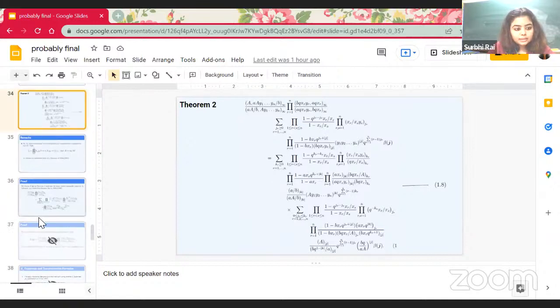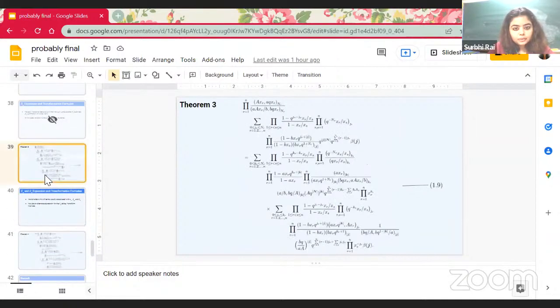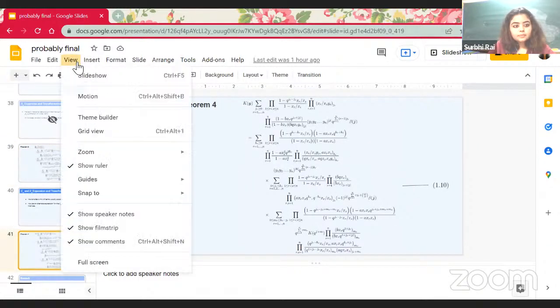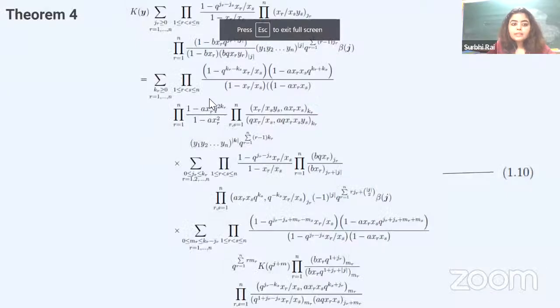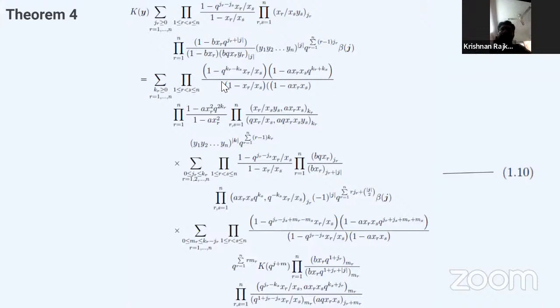CN is such that it contains... So here, as we see in the right-hand side summation, the very first sum itself has a product 1 minus q^(k_r - k_s) x_r / x_s, and similarly the second term, and this product, r equals 1 to n, 1 minus a x_r^2 q^(2k_r). So this whole together makes it a CN root system.